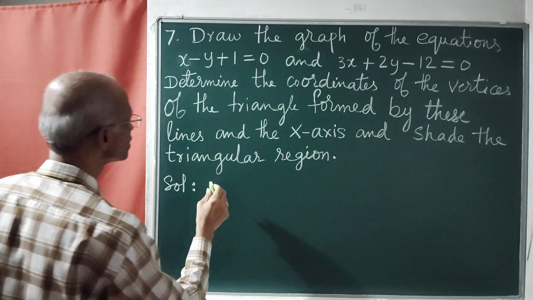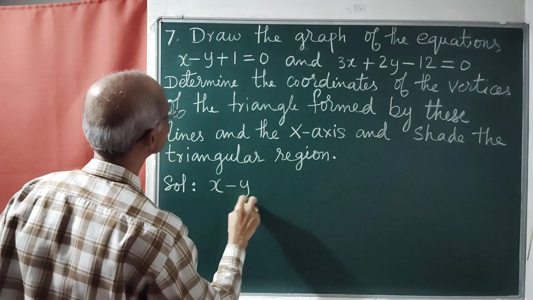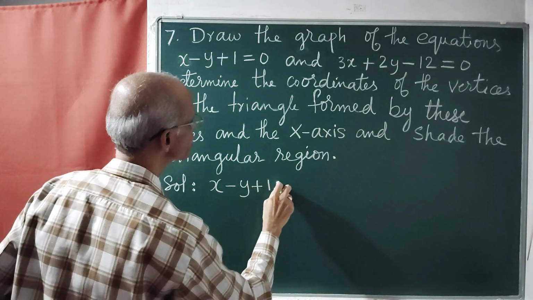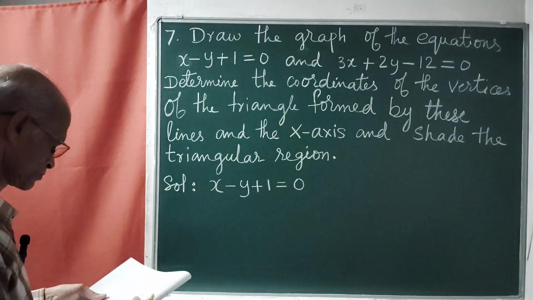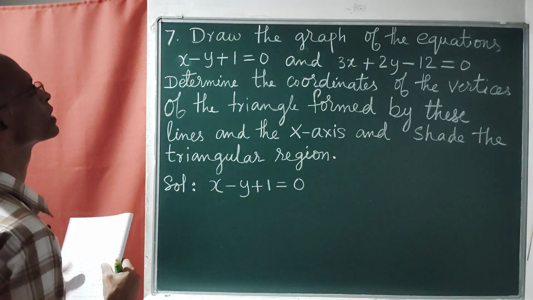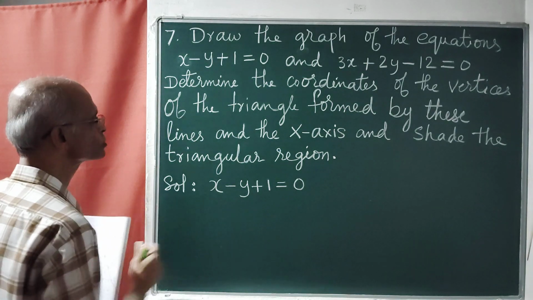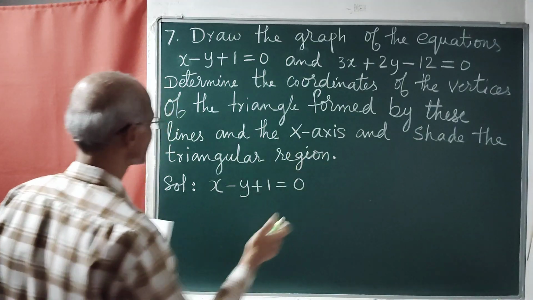We will take the first equation, x minus y plus 1 equal to 0. Now I will transpose x and 1 to the right side.